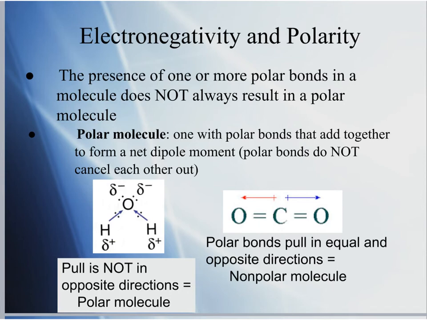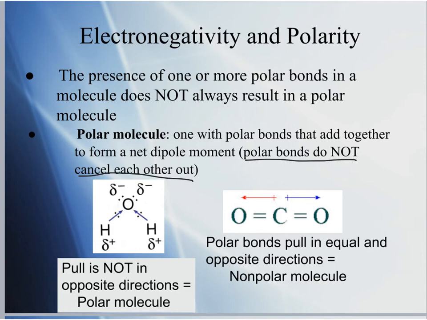Okay. All right. So a polar molecule is one with polar bonds that add together to form a net dipole moment. Okay. That means that basically the polar bonds do not cancel each other out. So we're going to get one side of the molecule that has a positive end and one side that has a negative end.